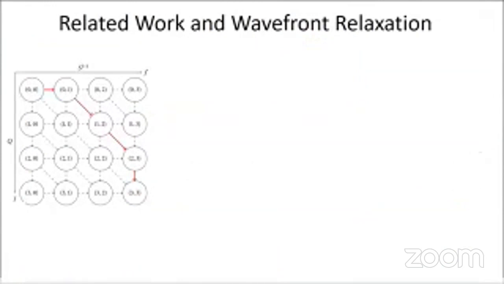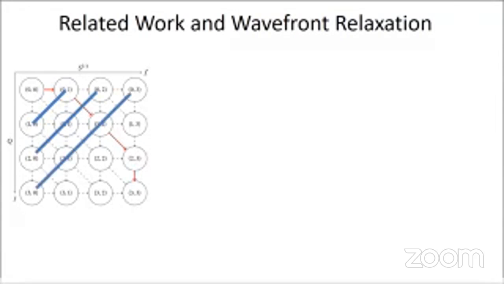A bit of background about related work and wavefront relaxation. In wavefront relaxation, you use the dependency relationship of this dynamic programming computation, where you have the dependency of a value on the left neighbor, upper left neighbor, and then you can compute minor diagonals in parallel.